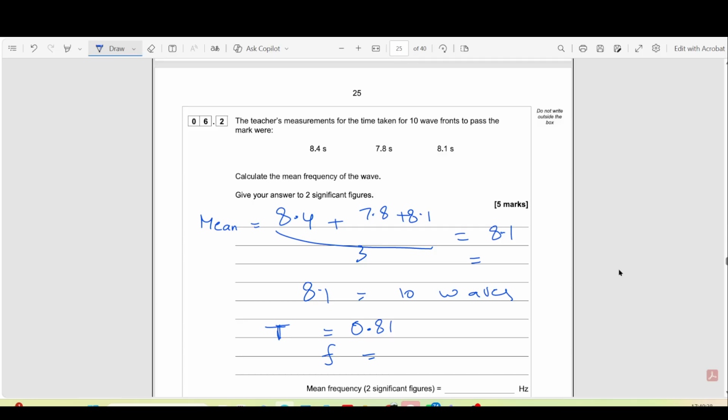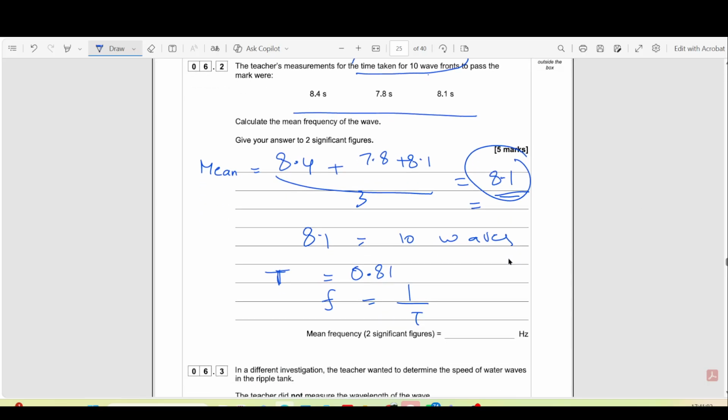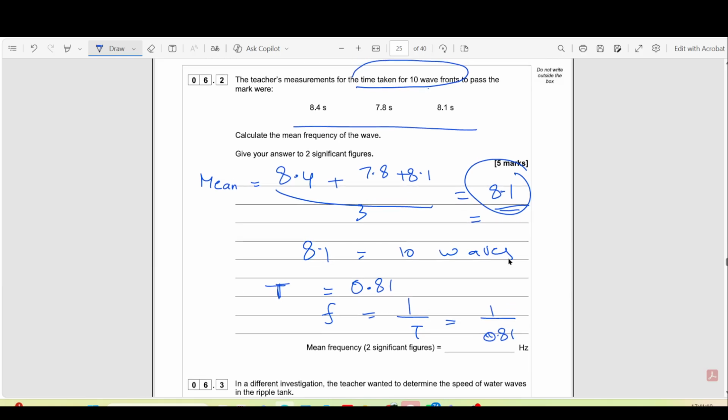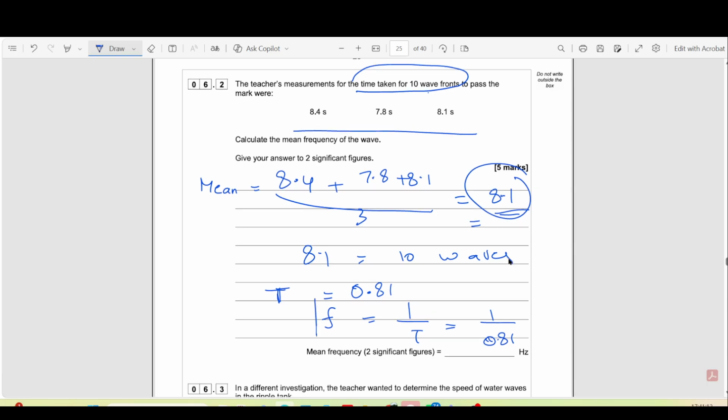Because it says time taken for 10 wavefronts, so when we divide it by 10, what we are getting is the time for one wave. And we know the relation between time and frequency: 1 over time gives us frequency. So frequency equals 1 over time.